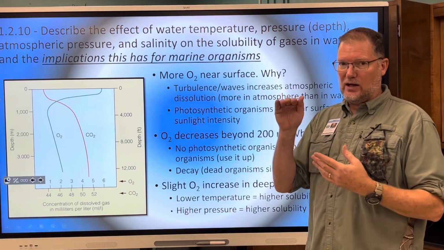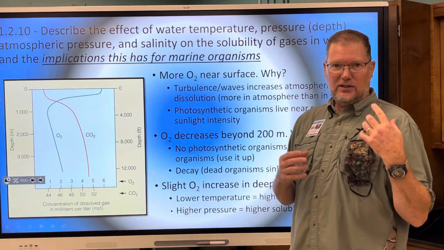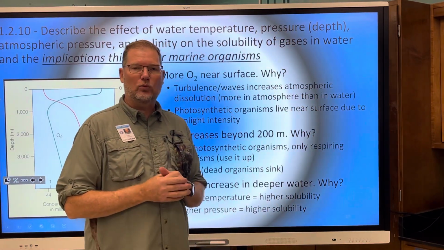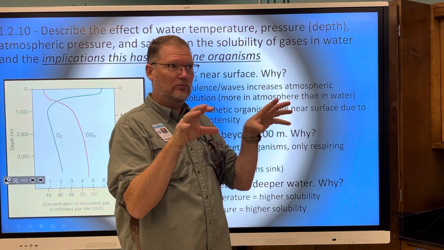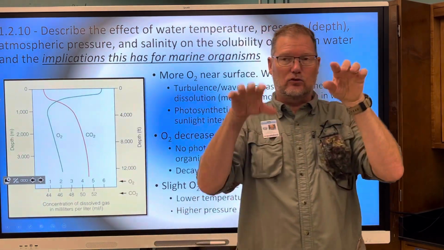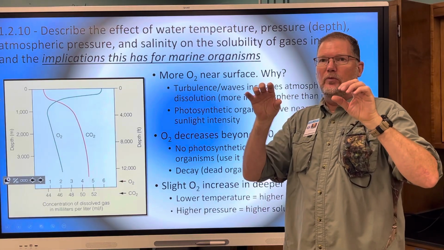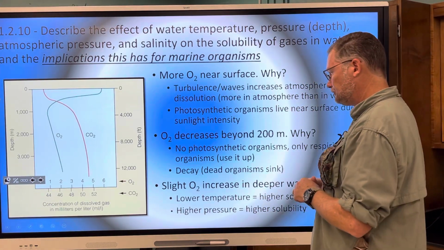And that's why you get that decrease. And then dead organisms, decay, decomposition uses up oxygen as well. And as all organisms, from the tiny microscopic plankton to the whales, sink, that decomposition uses up even more oxygen as you go down further.